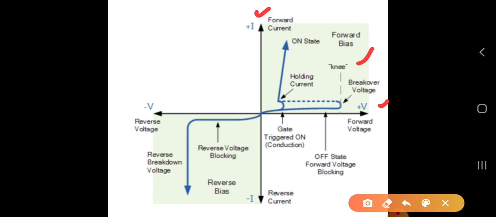Under this condition the voltage across the SCR suddenly drops, as shown in the diagram with the dotted lines.